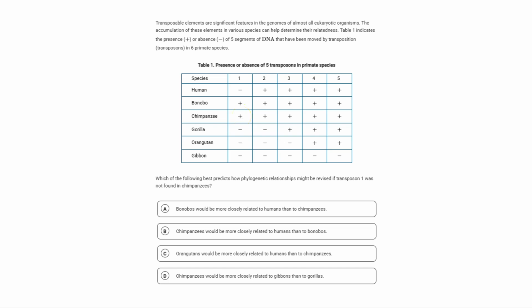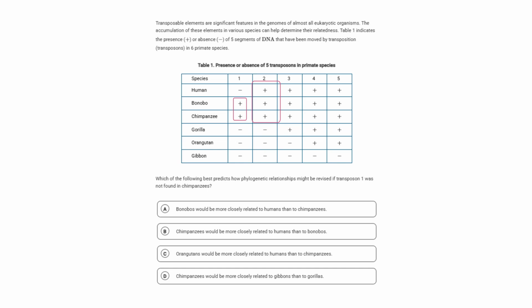Okay, and so right here, hopefully you can see that these 3 guys share a lot of similar traits, right? They share a recent common ancestor, and now these two guys also share a recent common ancestor because they still have the presence of one of the DNA sequences.